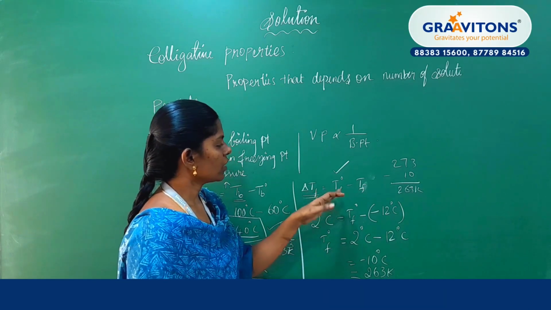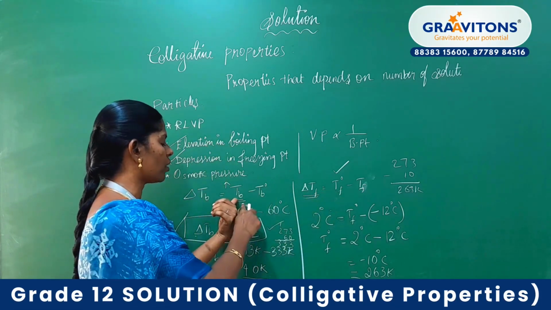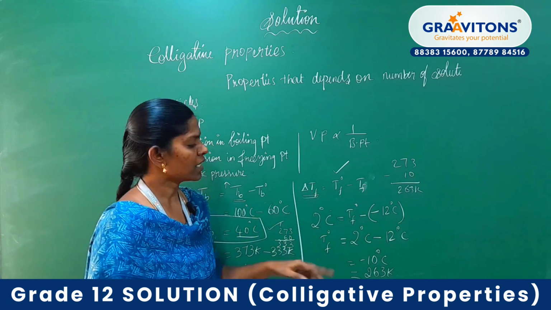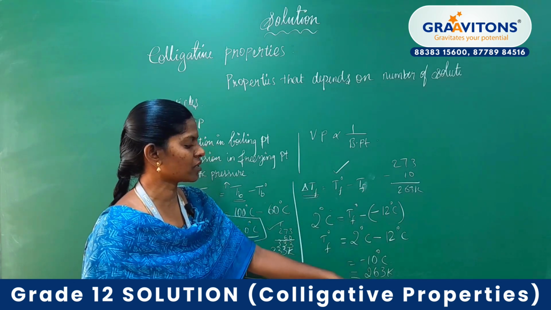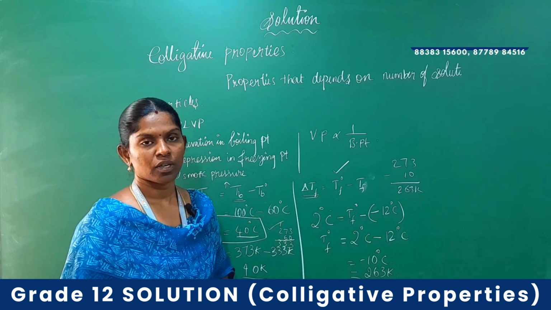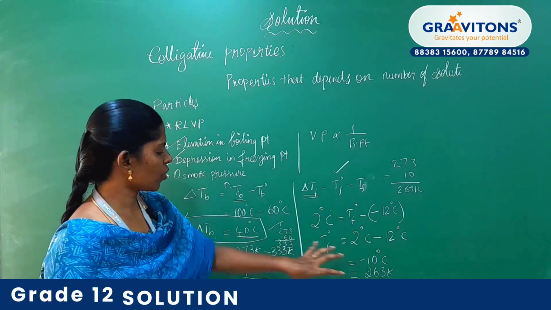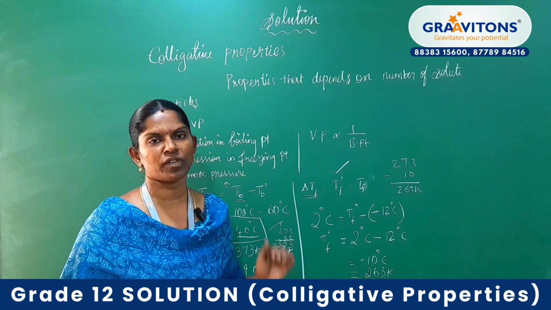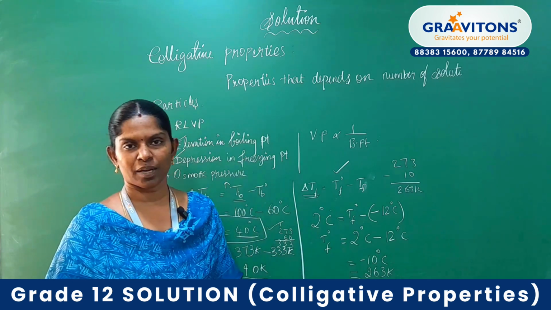But when you are calculating TB or TB naught or TF naught or TF individually, separately, then degree Celsius and Kelvin have different values. These small mistakes we often make. Don't do this while solving the numericals in the solutions chapter.